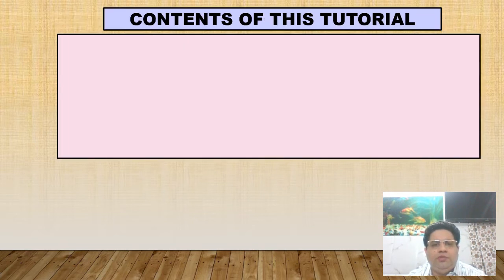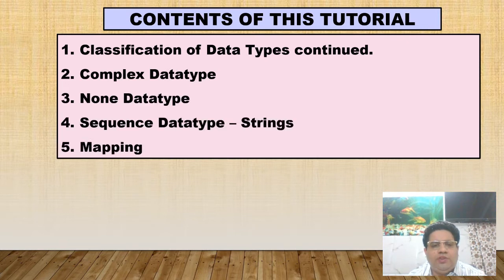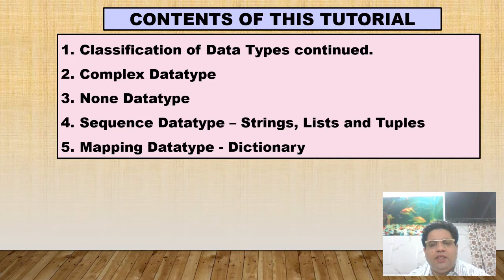In this tutorial we will study what is the classification of data types, what is complex data type, what is none data type, what is sequence data type and what is mapping data type. In sequence we will study strings, list and tuples.